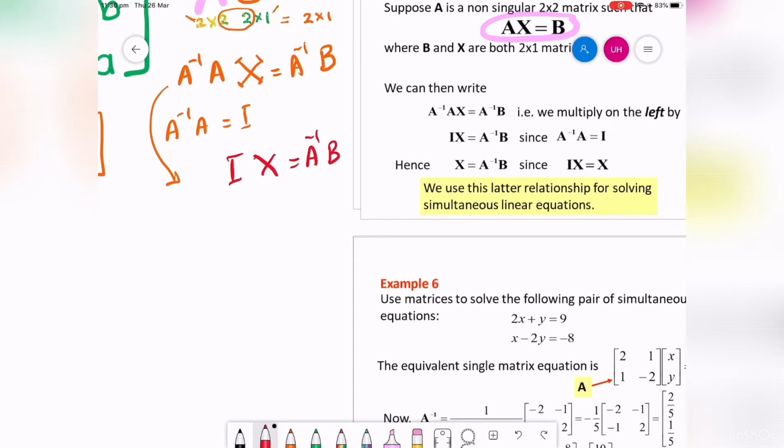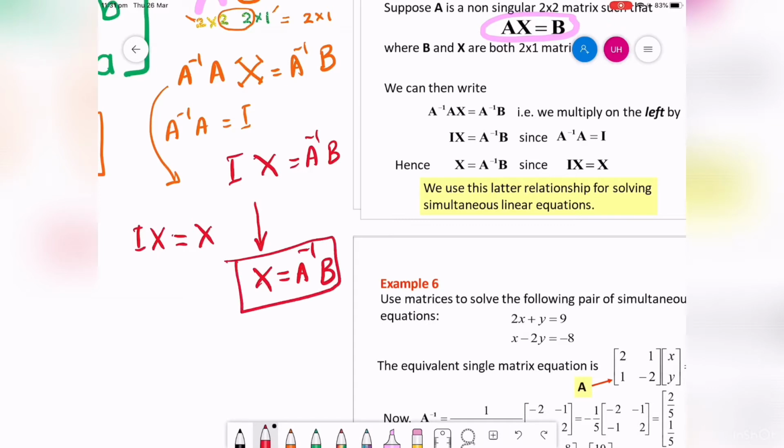So because I times X equals X, this means X equals A inverse B. So that's how we get this expression.